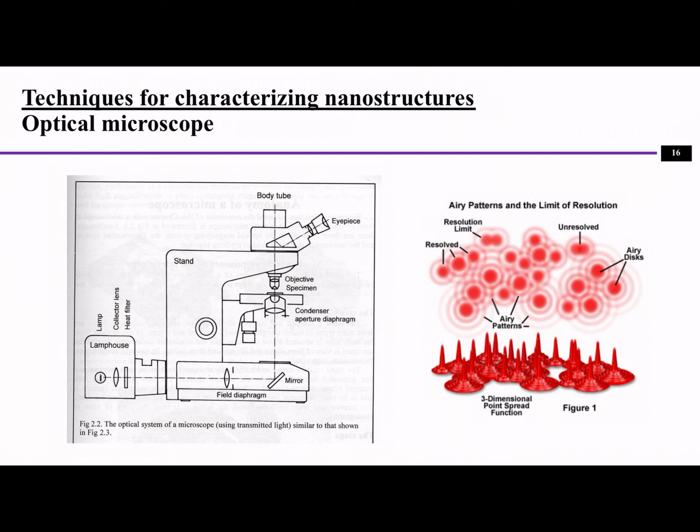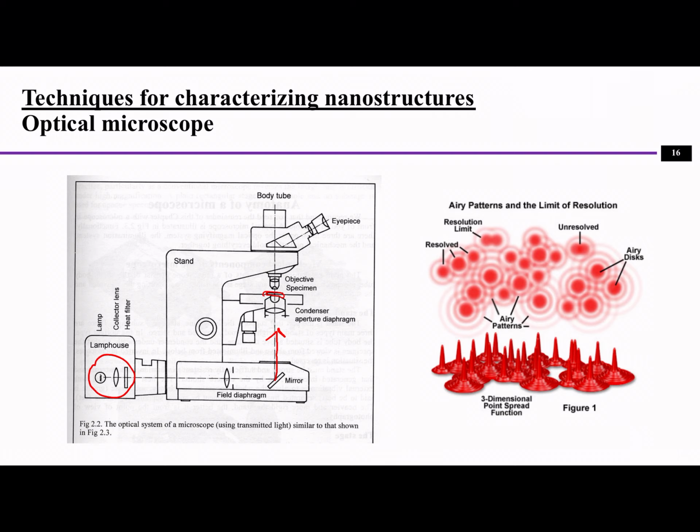Here we get a light source that starts to emit the light. Here is a mirror, which reflects the light and sends it through the specimen. Here is the specimen, and up here we've got a detector. We can visually see the specimen by having the light go through it, because the specimen is very, very thin. This is the principle of our traditional optical microscope.